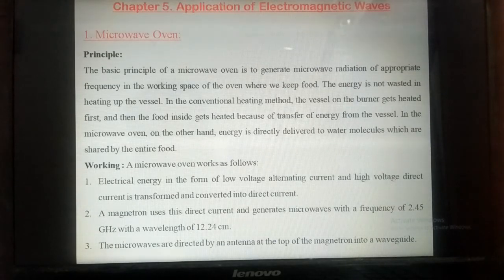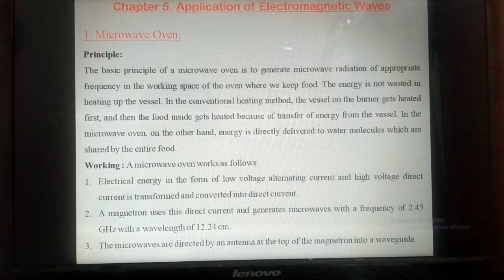Then, the working of the microwave oven. A microwave oven works as follows. First, electrical energy in the form of low voltage alternating current is transformed into high voltage and converted into direct current.